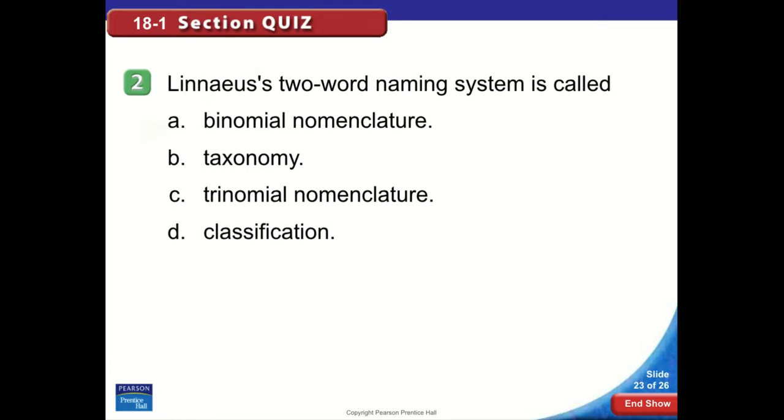Okay, number 2. Linnaeus's 2-word naming system is called, pause it and think about it when you have your answer, unpause. And the answer was letter A, binomial nomenclature, two-name naming system.